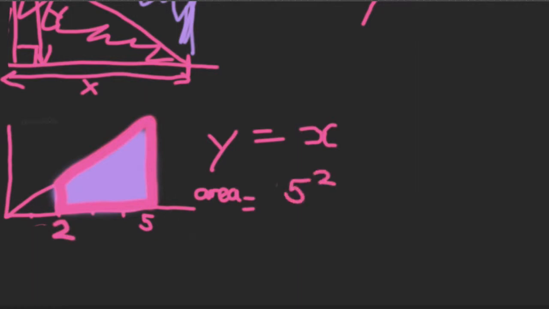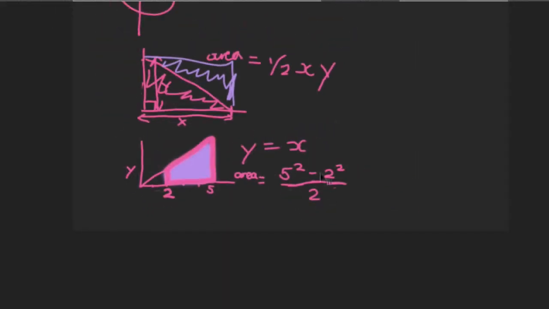Then we'd work out 5 squared, 25, minus 2 squared, 4, divided by 2. 5 squared minus 2 squared, over 2. That's the rule. That's what's going on with this graph. So that's the simplest graph, y is equal to x. If you can understand that's all you're doing in calculus, it becomes a lot easier. And I'll start to make it make more sense now, hopefully.